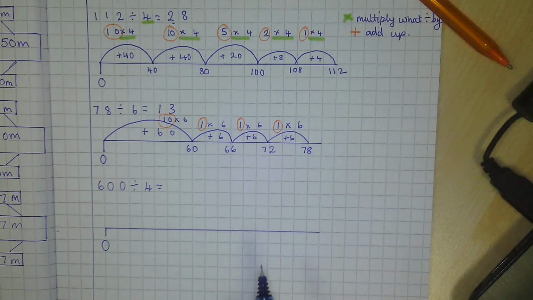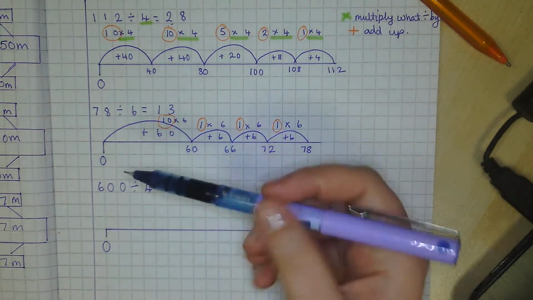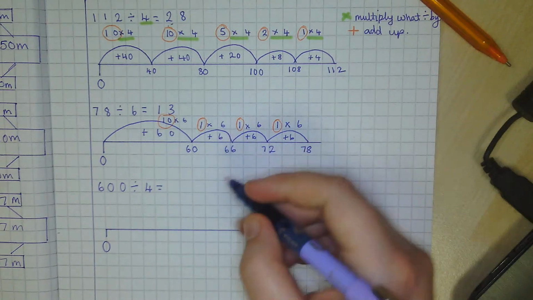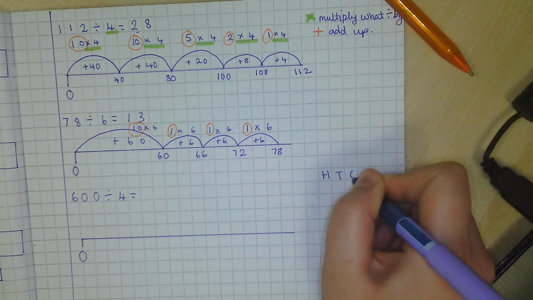Now we haven't done multiply by 100 in class yet, but we have been looking at moving the place values up 1 when we multiply by 10. So when we multiply by 100, we move the place values up 2. So we think about our hundreds, tens and ones.